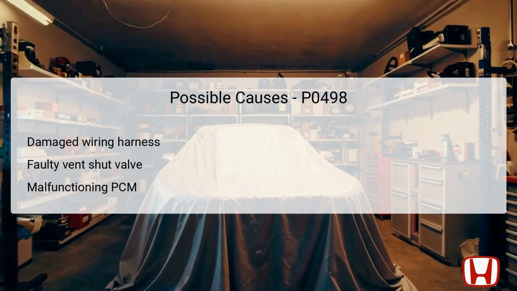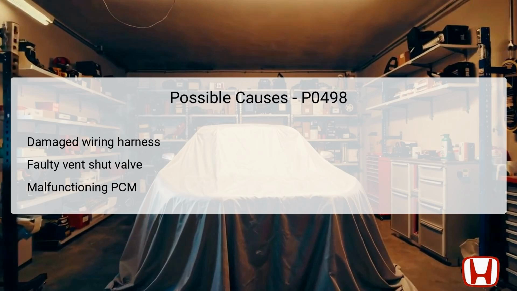There are several possible causes for the P0498 code. First, a damaged wiring harness can lead to intermittent connections or shorts, causing low voltage readings in the EVAP canister vent shut valve circuit. Secondly, if the vent shut valve itself is faulty, it may not respond correctly to PCM commands, resulting in low voltage conditions.